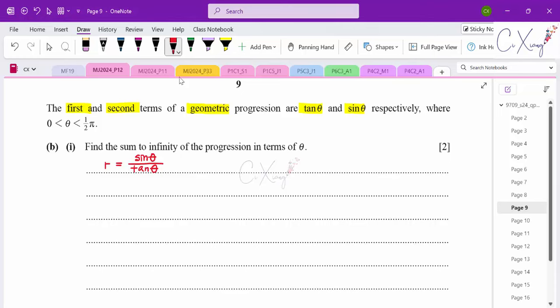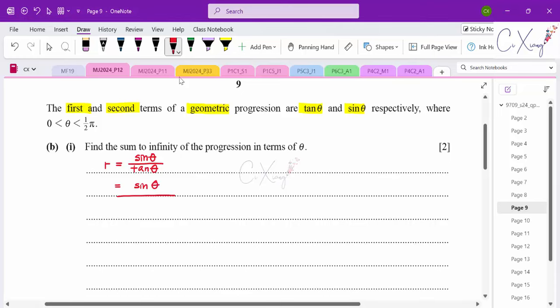I can simplify this because tangent theta can be written as sine over cos. If I simplify it, you can see that my R is basically cos theta. Then when we want to find the sum to infinity, what's the general formula? It is a divided by 1 minus r.